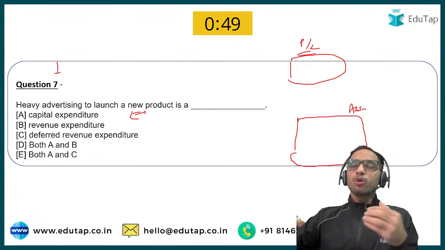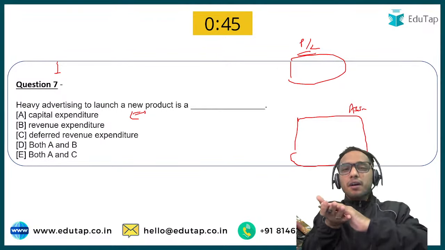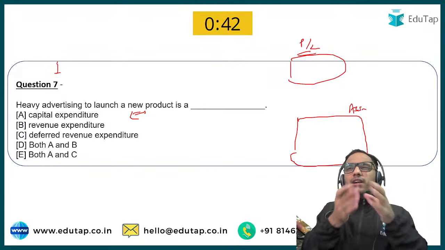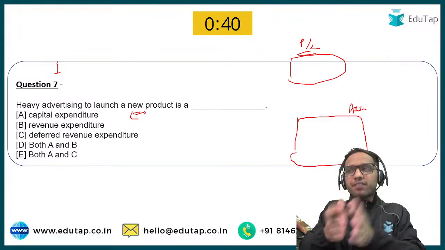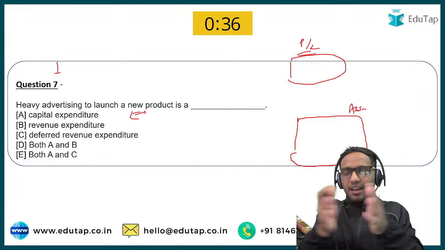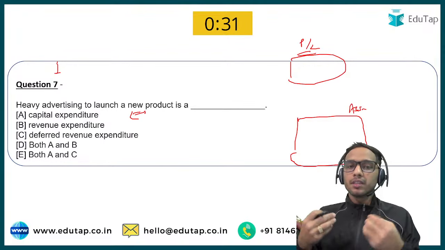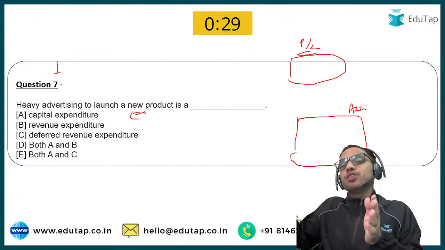So basically, we are not recognizing all of our expenditure in a single year. We are distributing the expenditure over different time periods, segregating the total expenditure, because this expenditure is going to give us benefit for a longer duration of time.